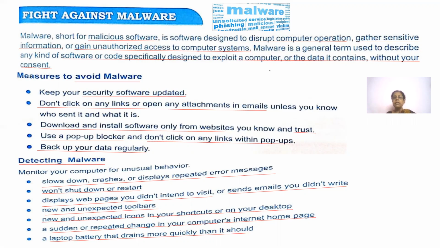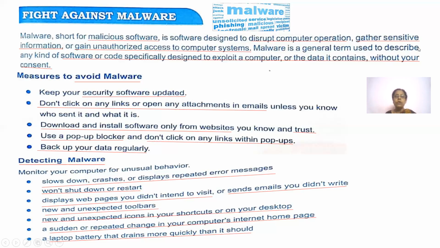Don't click on any links or open any attachments in your mail, especially the ones from people you don't know. Unless you know who sent it, do not open it. It might contain a type of virus, which can be malware.